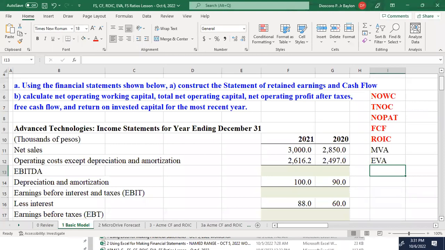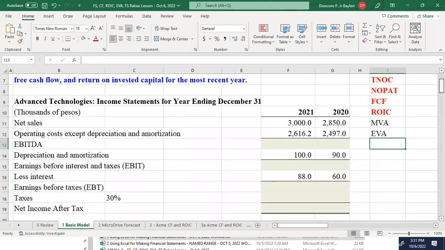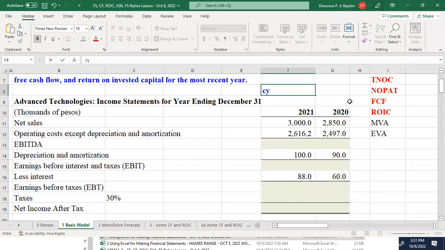All right, let's take a look at our income statement for the years ending December 31. It means the whole year of 2021 and the whole year of 2020. So you know that the income statement is for a particular period of time. Usually, what year does a company use, guys? CY, calendar year, but sometimes others would use an FY. What's CY?